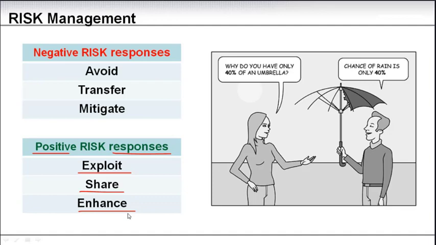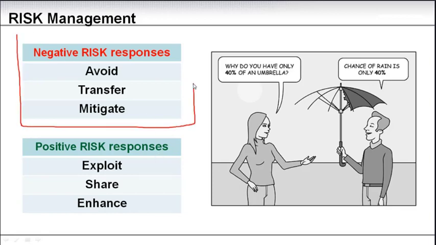Now I know this can be a little difficult to understand, but normally you will focus on the negative risk, because this is where you really need to have actions in place if it happens. Now what could a positive risk be? A positive risk could be a situation where suddenly something becomes available to your project.